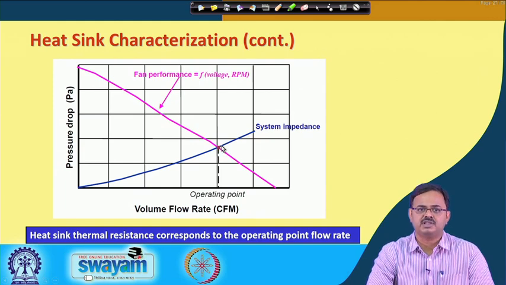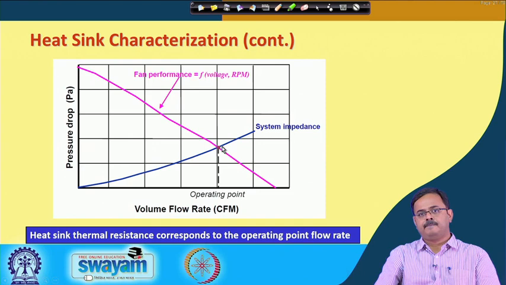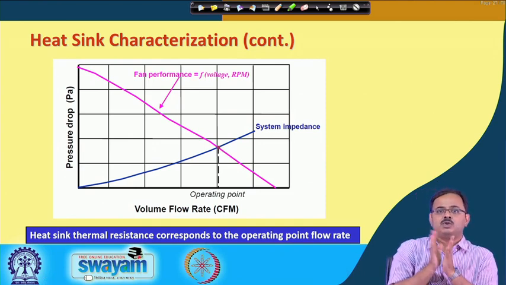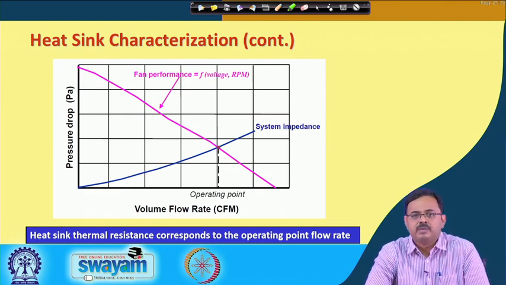The point of intersection of the system impedance curve and the fan curve gives you the operating point, and this operating point is going to be very important. That is where this fan and heat sink combination is going to work. The heat sink thermal resistance corresponds to this operating point flow rate.